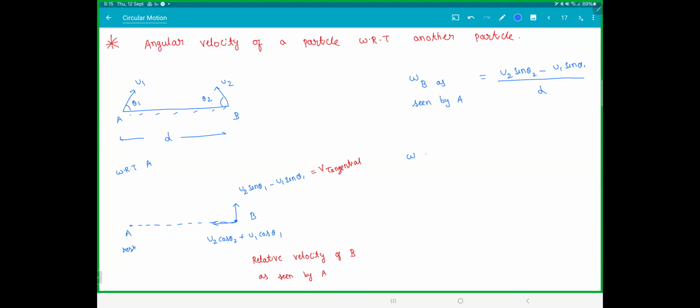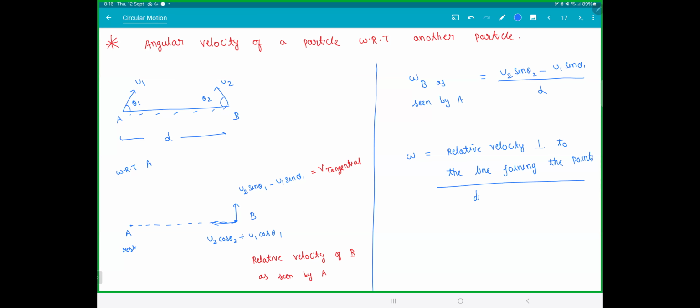So omega is given by relative velocity perpendicular to the line joining the points. You take any 2 points, take the relative velocity perpendicular to the line joining the points by distance between them. Quite a useful one.